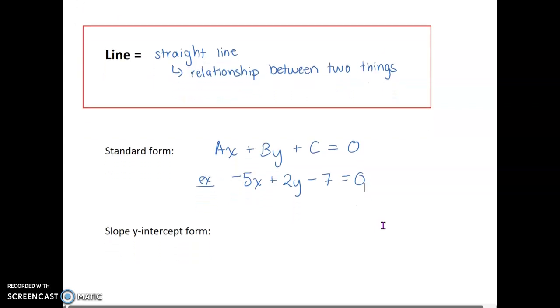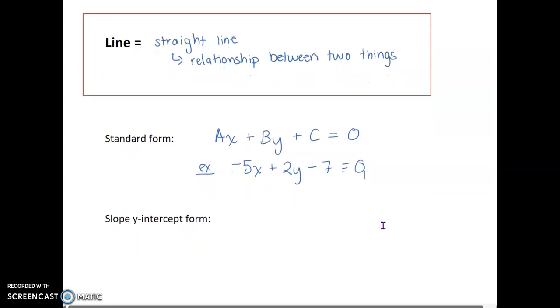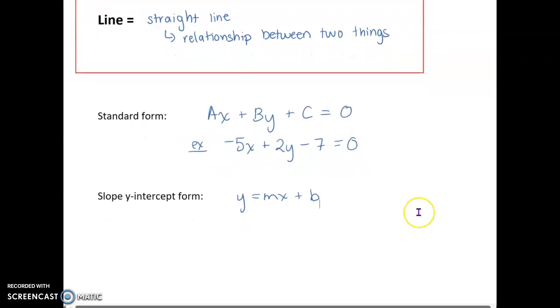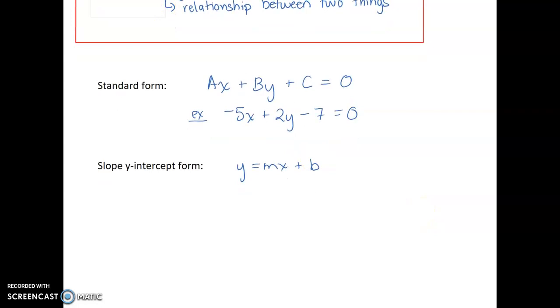The other way which you often see lines is called the slope y-intercept form, and that's the one that you remember as y equals mx plus b. The reason why it's called slope y-intercept form is because in this format you can find out two pieces of information about lines that are very important.